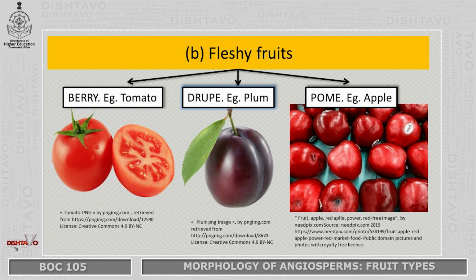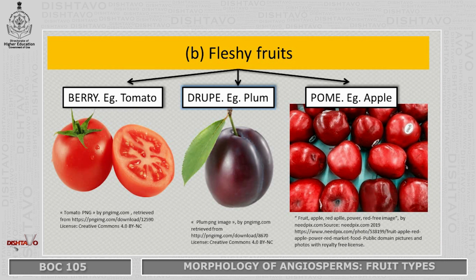Next we have the second category of simple fruit, that is fleshy fruits. Here we have the three types, that is berry, drupe and pome. The berry has the entire fruit as fleshy. It has a thin exocarp and the examples here are tomato, cucumber, etc. The second type is drupe.